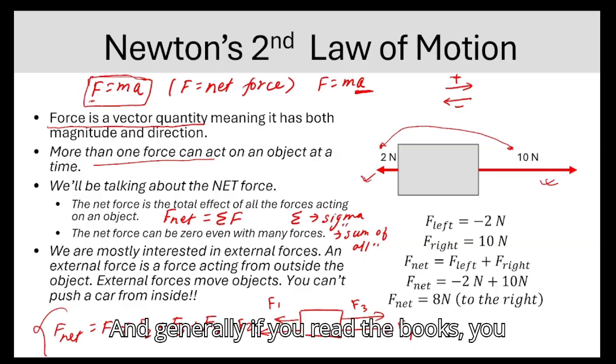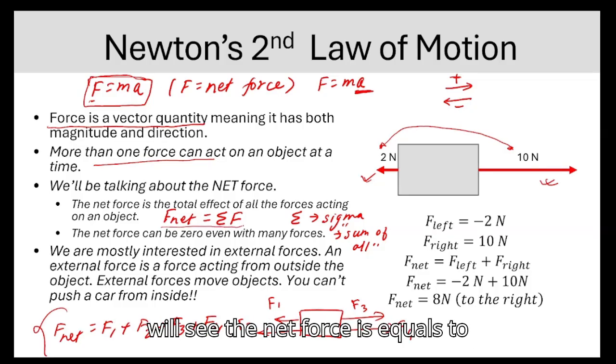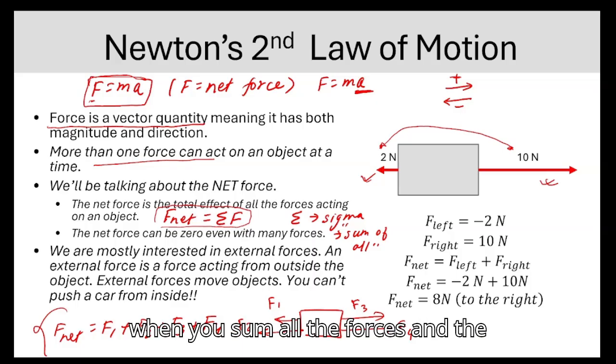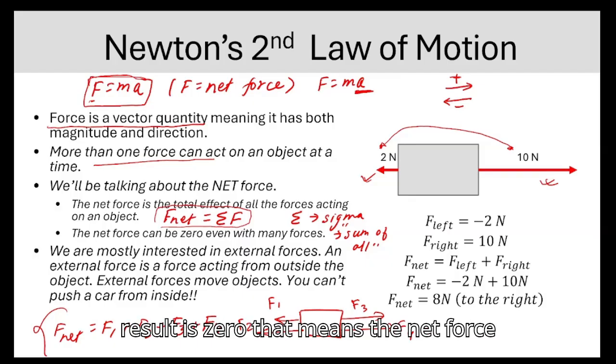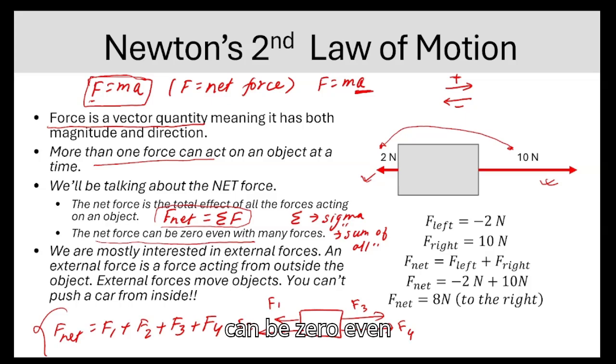If you read the books, you will see the net force equals the sum of all the forces. Sometimes when you sum all the forces the result is 0, which means the net force can be 0 even with many forces.